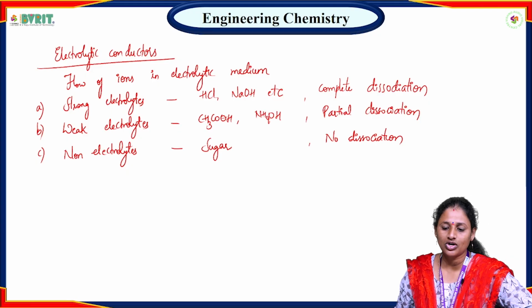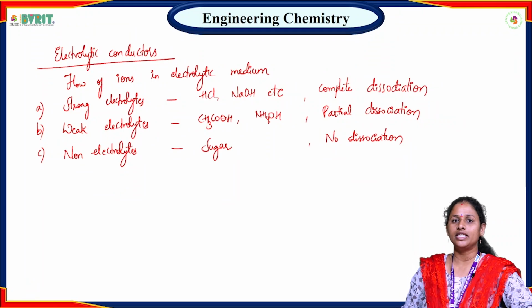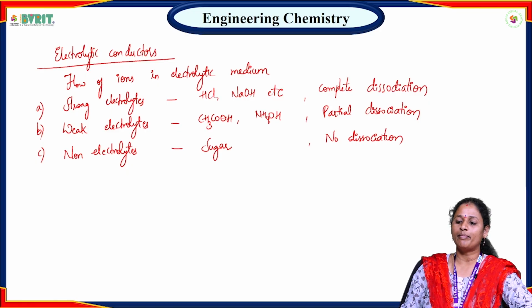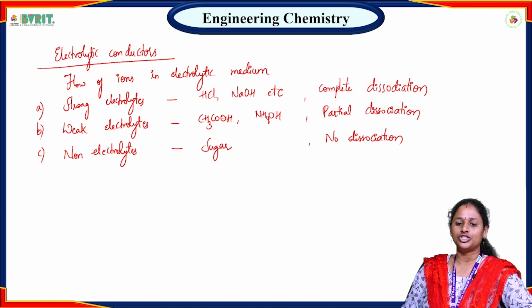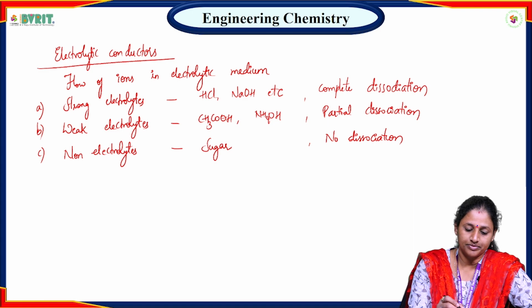So, strong electrolytes which undergo complete dissociation like HCl, NaOH. Weak electrolytes undergo partial dissociation like CH3COOH, NH4OH, ammonium hydroxide and acetic acid. Non-electrolytes like sugar which do not undergo any dissociation and no formation of ions, so these do not participate in the conduction of electric current.